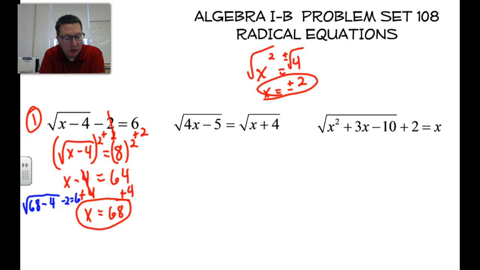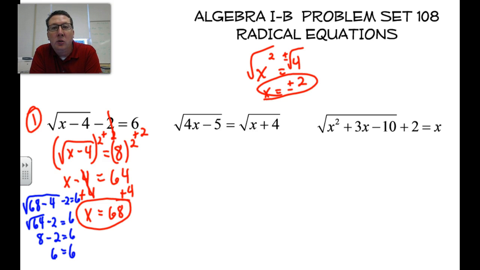I have to make sure that works. 68 minus 4 gives me the square root of 64 minus 2 equals 6. Well, the square root of 64 is 8, minus 2 equals 6. So this one does work out down to a true statement. I have to make sure that I end up with a true statement. This one works, so our answer is good.